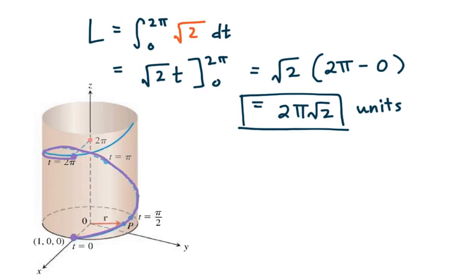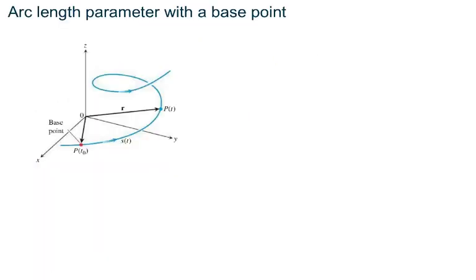Let's look at one more definition about arc length parameter with a specific base point. We're going to talk about that. Considering a base point other than an x-intercept like we just had, we can find this arc length using these parameters.